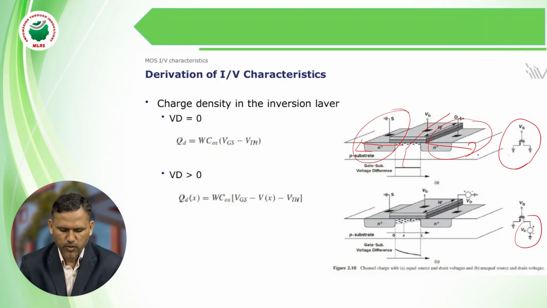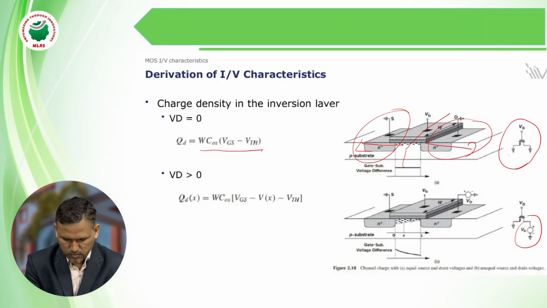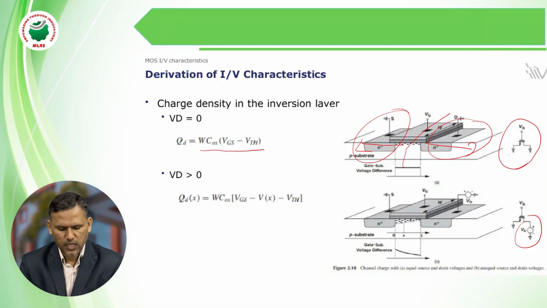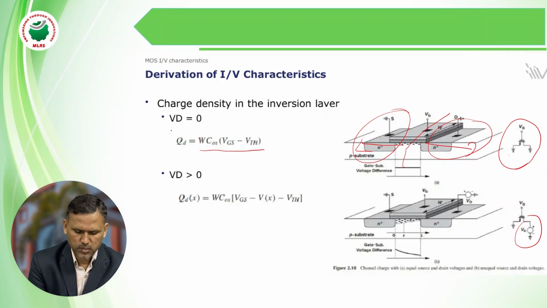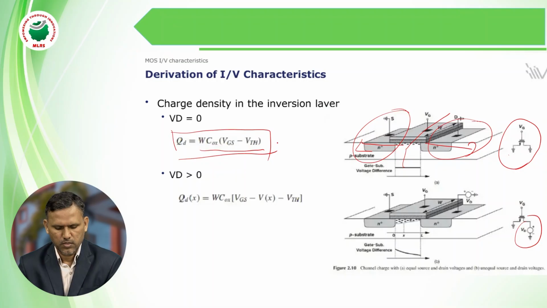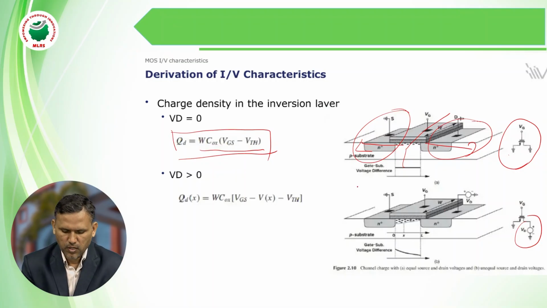If both are equal, then QD in terms of width, COX and VGS minus VTH is the QD equation: W COX into VGS minus VTH, the gate to source voltage minus VTH.